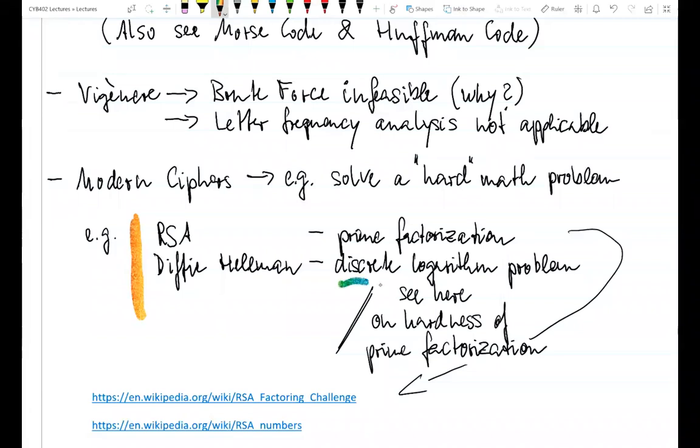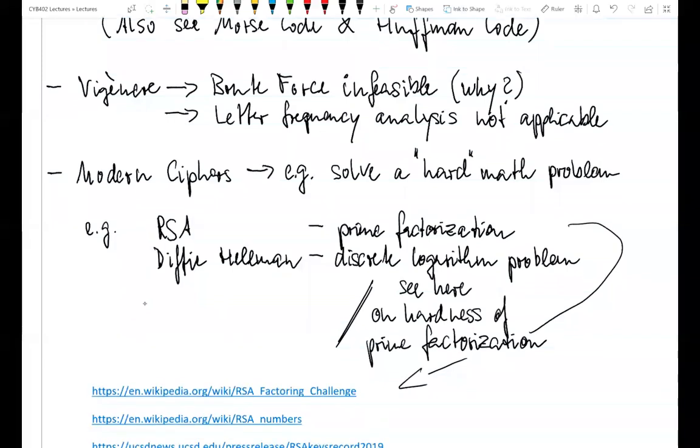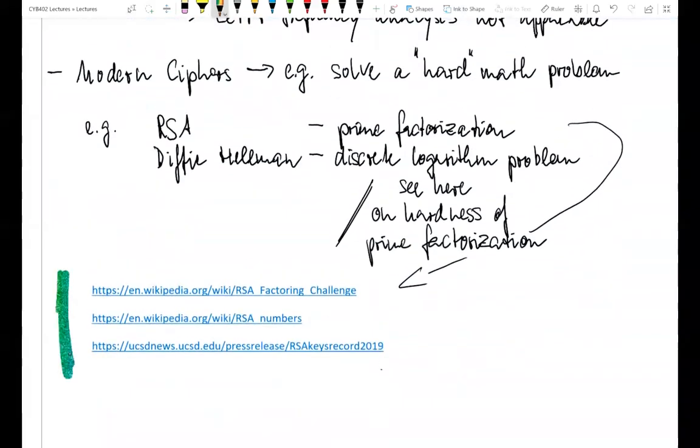The discrete logarithm problem is also underlying elliptic curve cryptosystems, which you may have heard of, which is the latest incarnation and becoming the most popular public key cryptography system. So I'm giving you 3 links here, and I would invite you to just have a look at those.